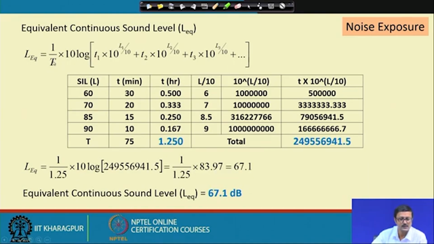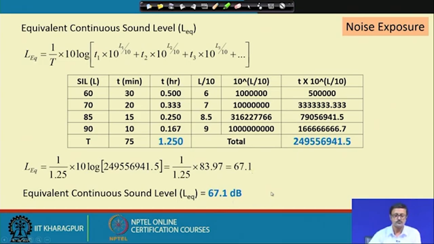The capital T is nothing but this plus this plus this plus this, which is 45 minutes, I am sorry, 75 minutes, and the 75 minutes has to be converted into hours, which is 1.25 hours. So, finally, this is the result: this L equivalent is 67.1 decibels.